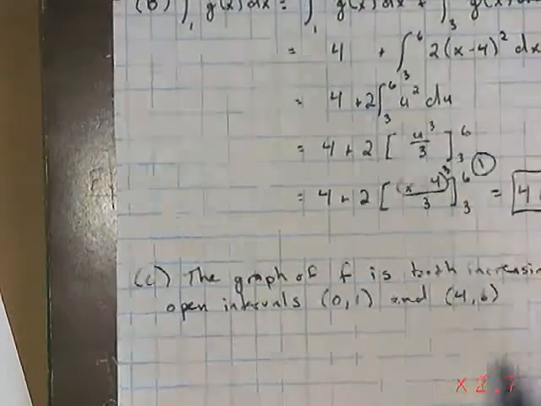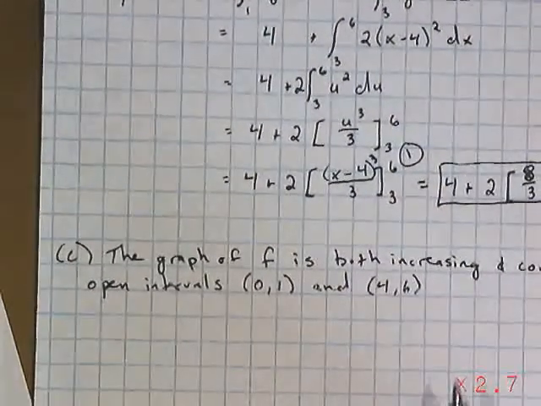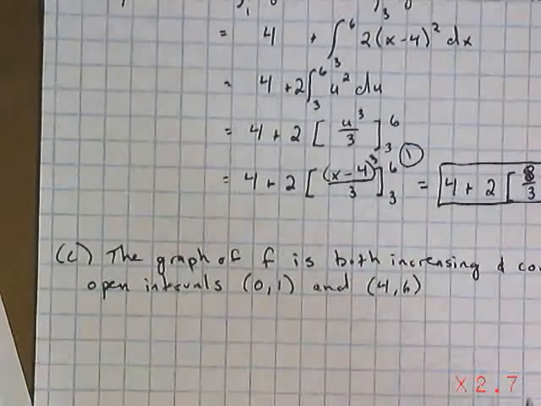And again, our justification can only include references to f prime, which is g, okay?